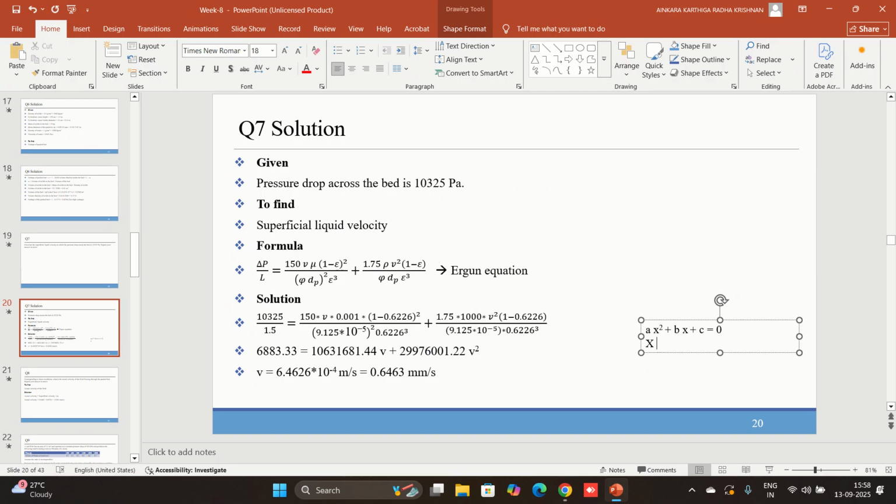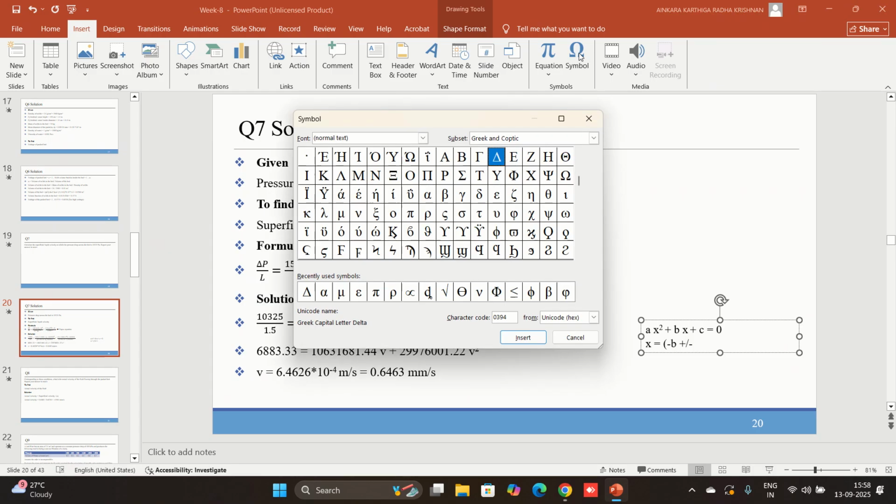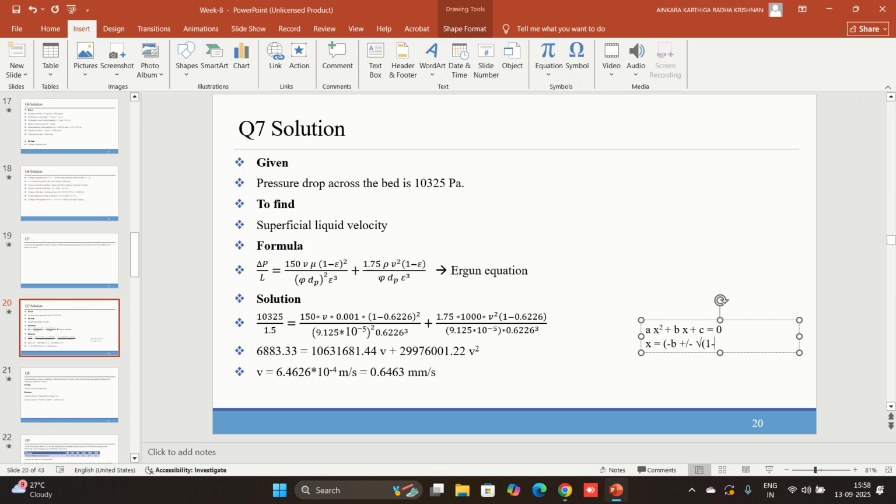So what is the solution for this? x is equal to minus b plus or minus square root of b square minus 4ac, divided by 2a. I'll just verify this, just give me a minute.